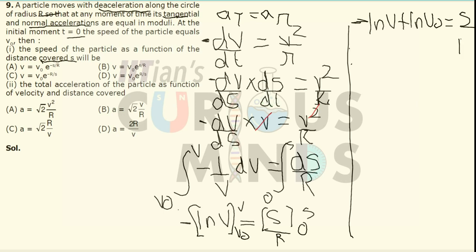When I substitute the values, it will be equal to minus log v plus log v naught is equal to s divided by R. So this can be written as log of v naught divided by v is equal to s divided by R. So v naught by v will be equal to e raised to s by R. I am taking anti-log on both the sides.